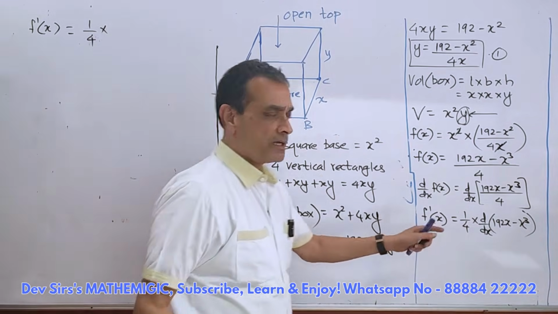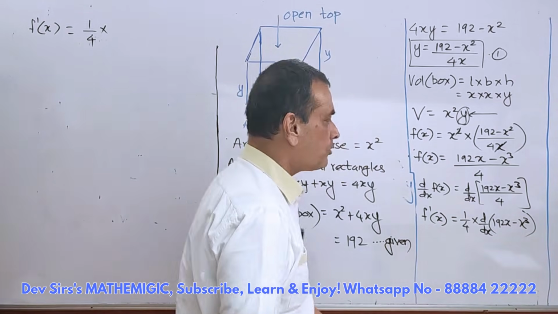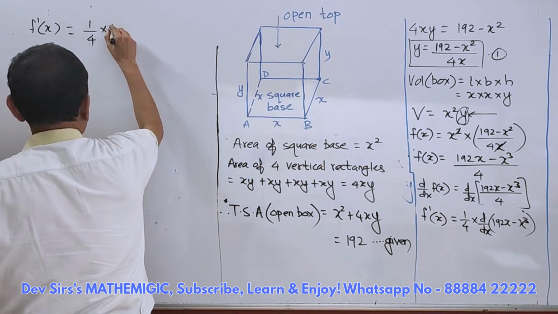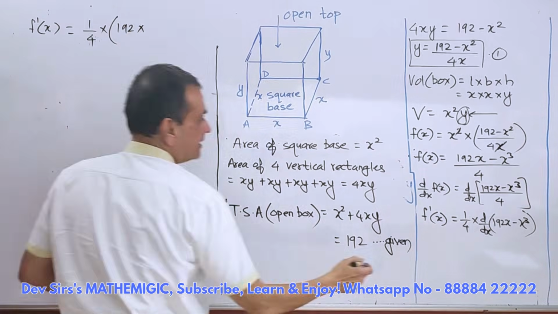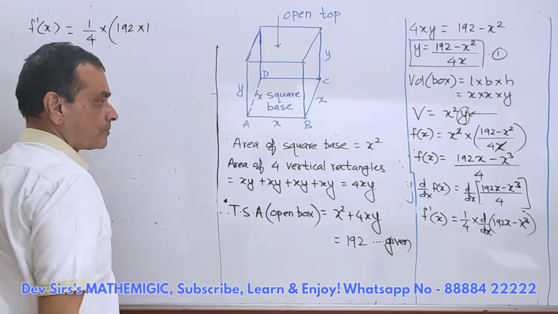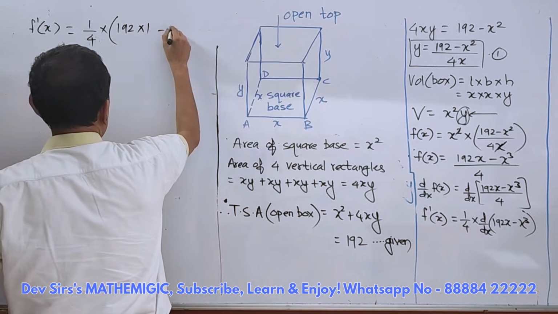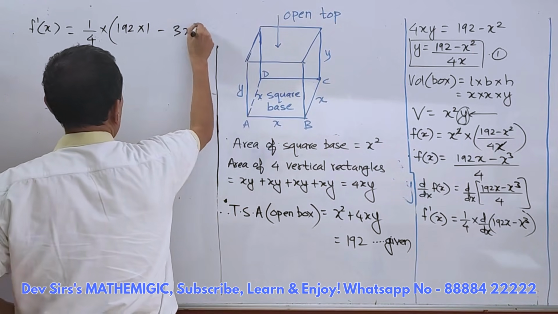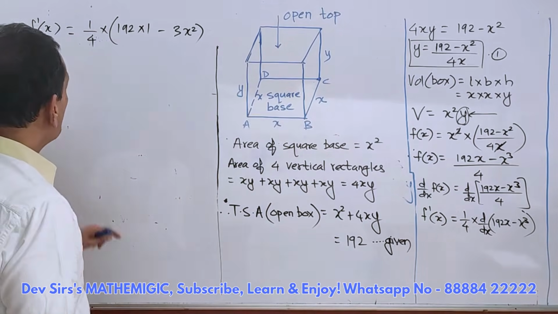Open up the brackets. d by dx of 192 into x is 192 बाजू को रखे, derivative of x is 1, minus d by dx of x cube is 3x squared.